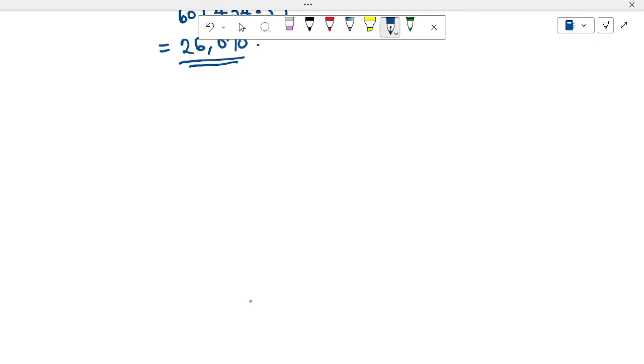Then the final question, that's question C. It says, find the 70th term. We are told to find Tn equals T70.